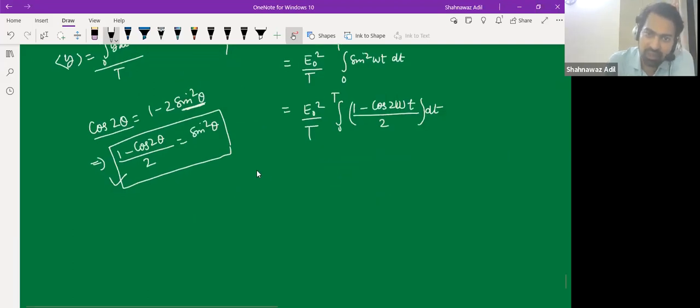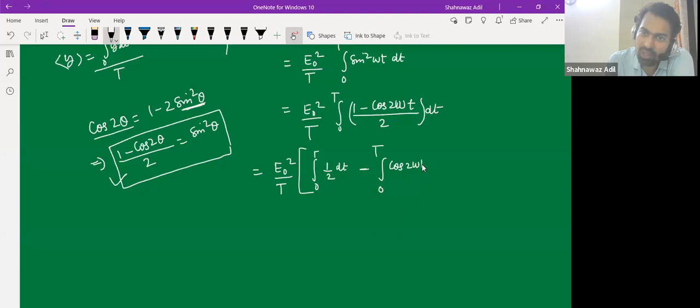So then I can write this as E naught square by T, 0 to T. Let me take the first integral, which is 1 by 2 dt. And then the other integral is 0 to T cos 2 omega t divided by 2 dt. So these are the two integrals, right, guys?